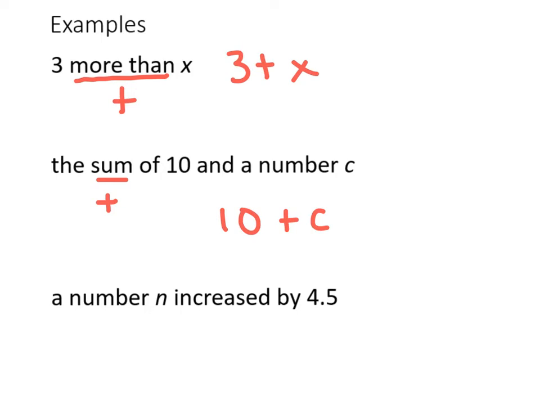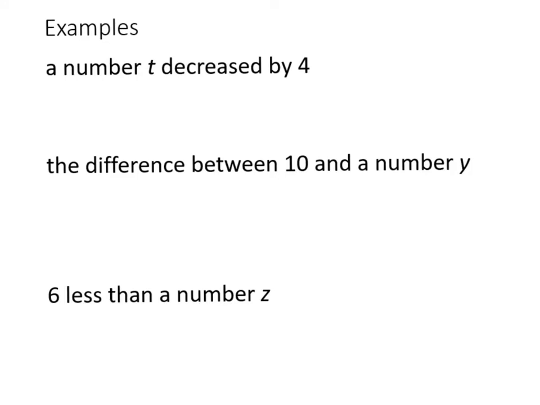The next example says a number n increased by 4.5. Increased by indicates the operation addition, so our algebraic expression would be n plus 4.5. The next example says a number t decreased by 4.